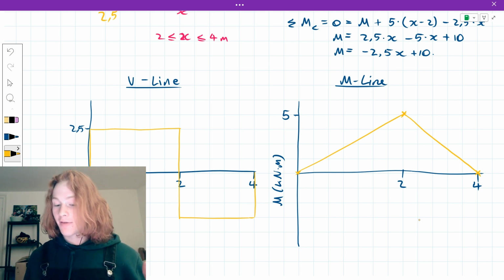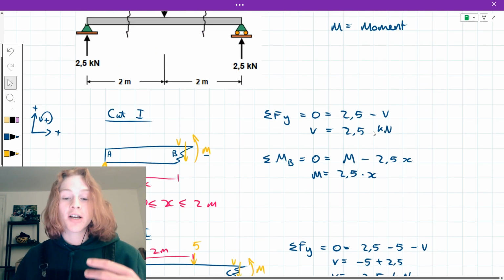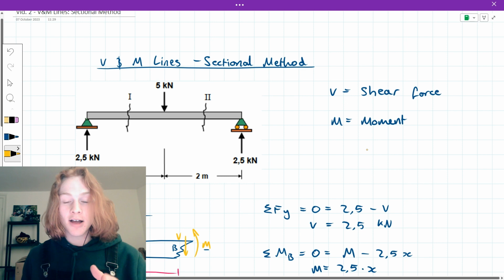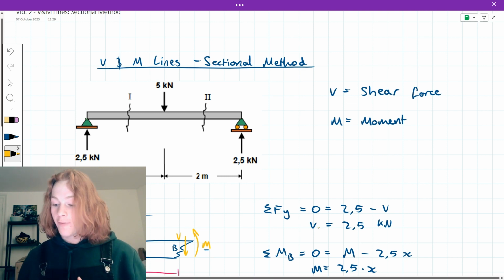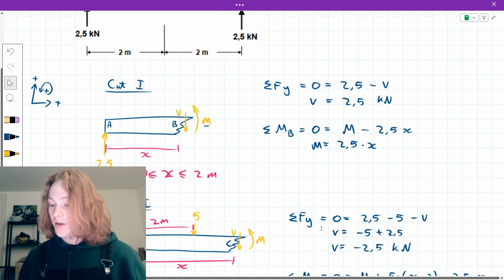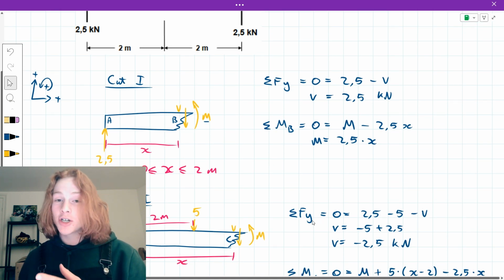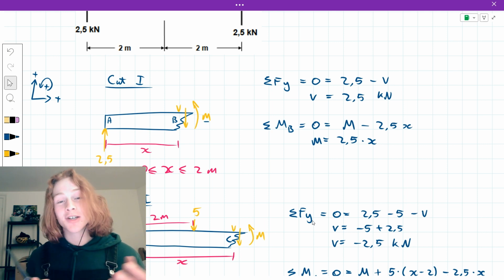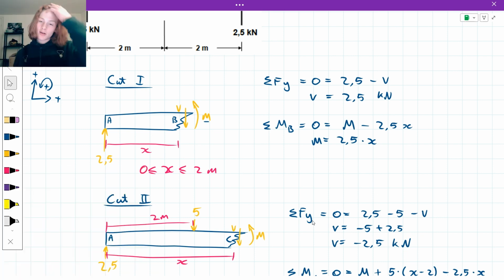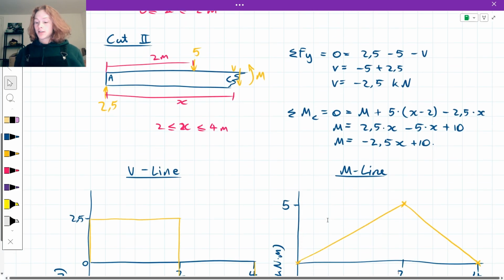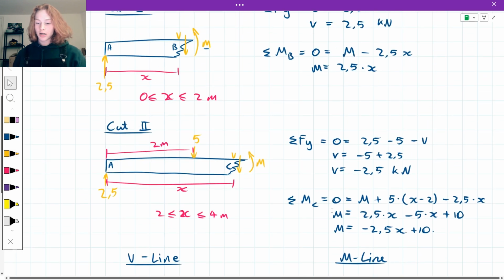I have used my two cuts, where the cuts occur between every external force, to find the equation of my V lines and the equation of my M lines, and then I've just graphed them. It's that simple. And this is all we need to do for this question. This is the answer to this example.